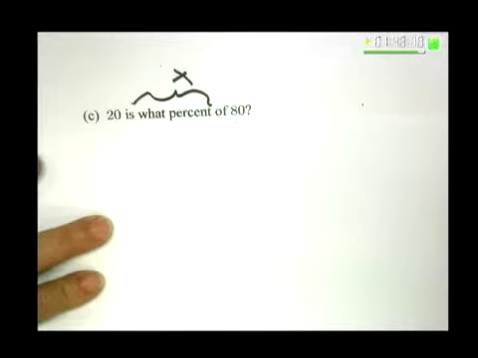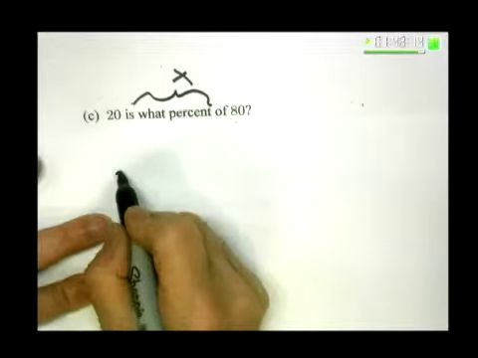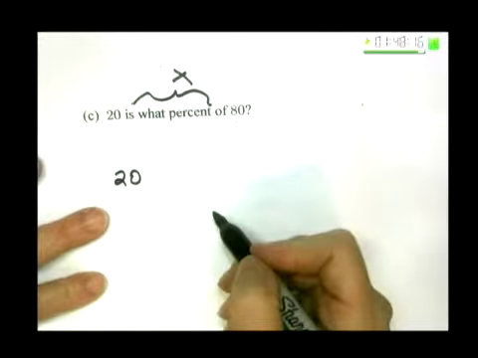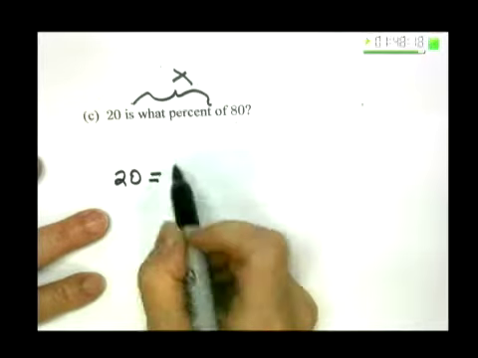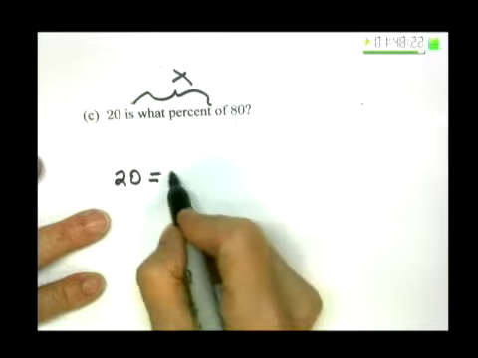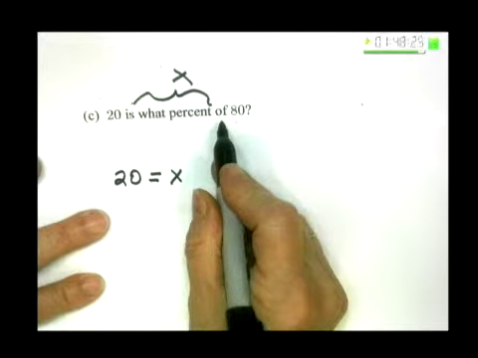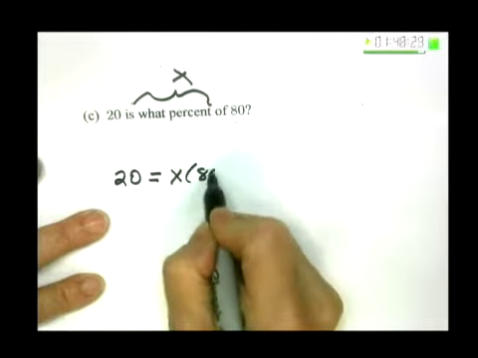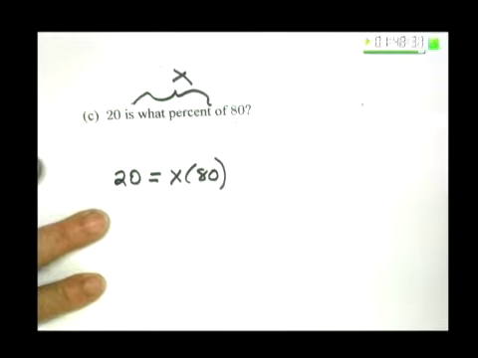Okay? 20. What am I going to write for the word is? Equal. What percent? What am I writing for that? x. Of, multiply, 80. Translation, word for word.